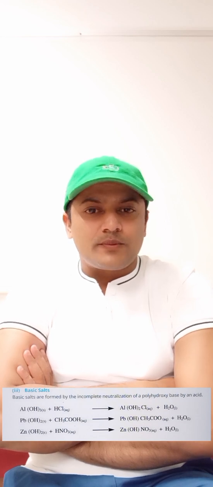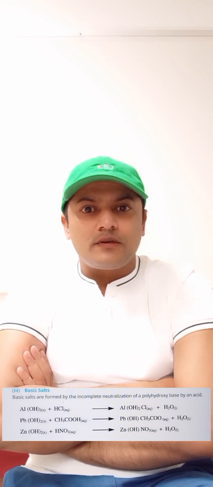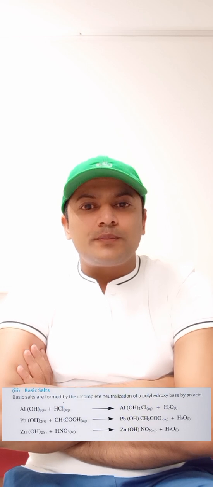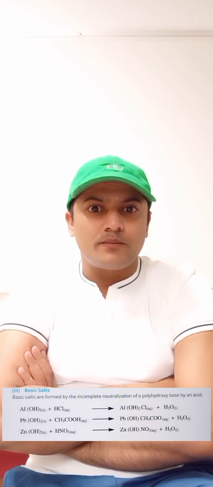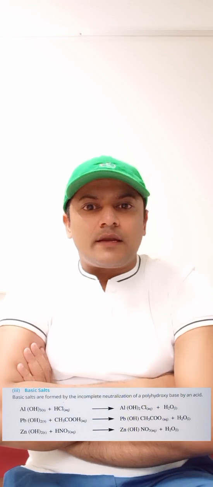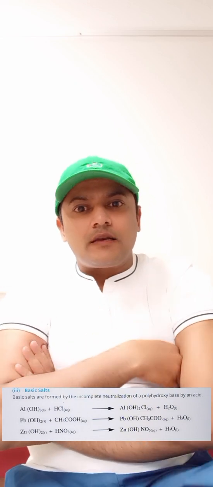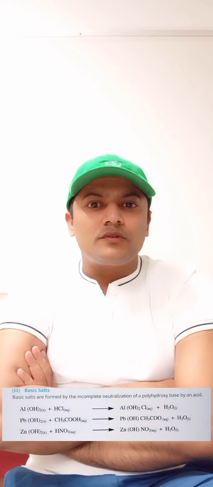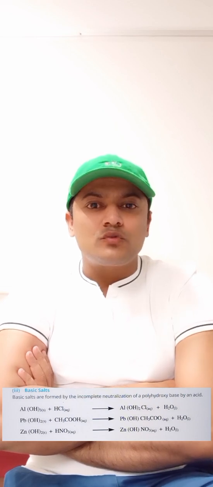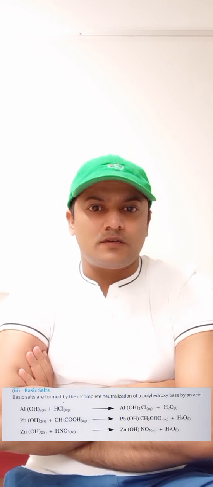Why is this a basic salt? As I aforementioned, we still have replaceable OH ions in the basic salt. And as usual, we can also convert this basic salt into normal or neutral salt by adding 2 more moles of acid.